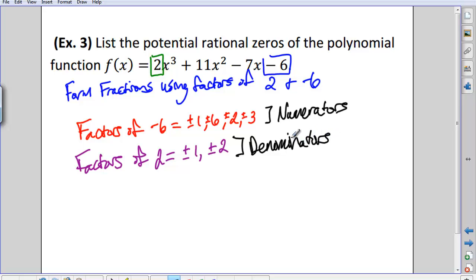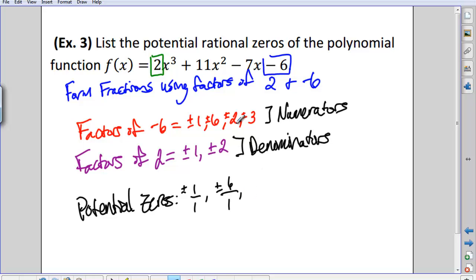Okay. So potential zeros would be, we could do 1 over 1, we could do positive or negative 1 over 1, we could do 6 over 1, and 2 over 1, and 3 over 1.